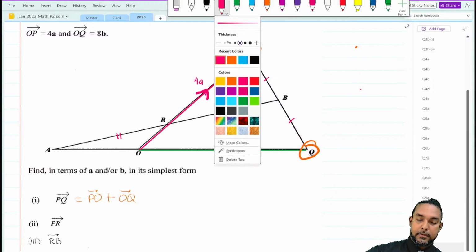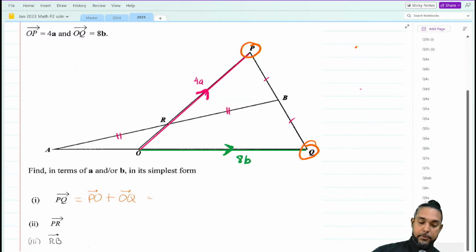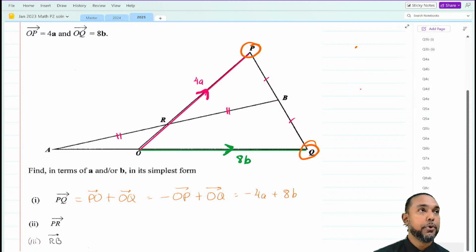PO, to go from here to here, is the inverse of OP, and to denote the inverse of a vector you simply put a minus sign in front of it: minus OP. OQ, we're going in the same direction. So that'll be minus 4A plus 8B. Long story short.